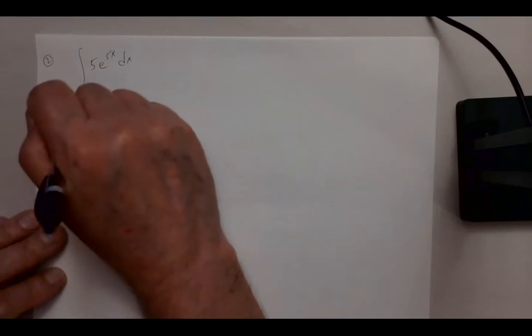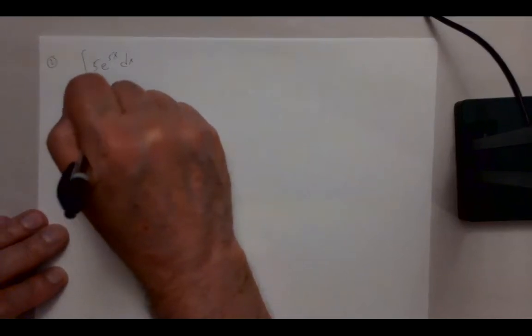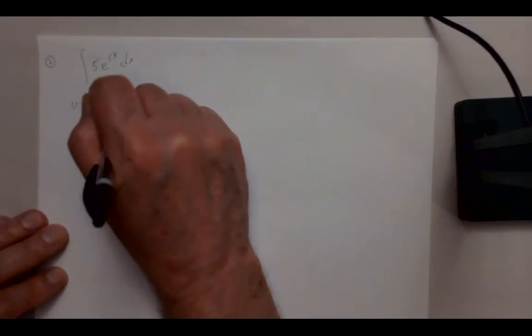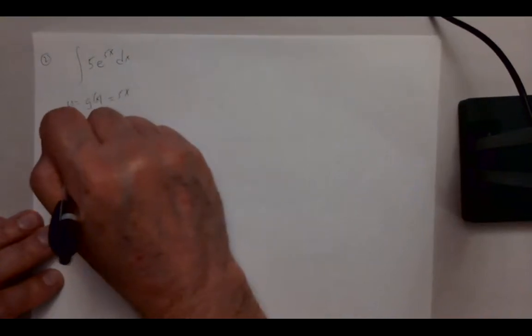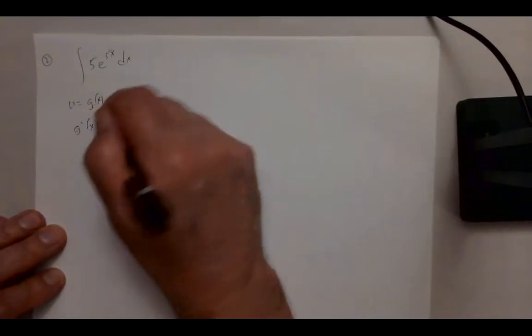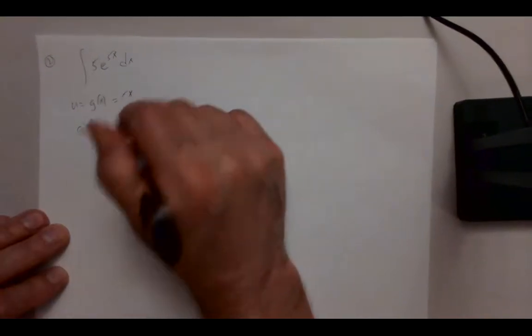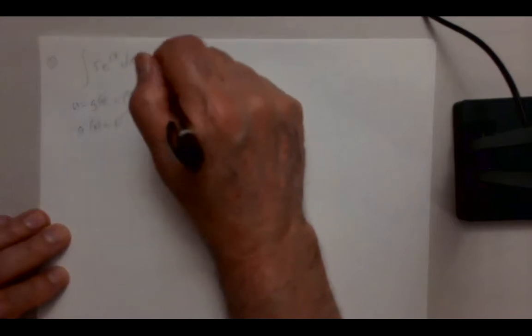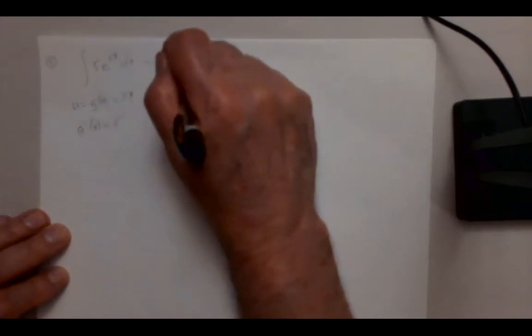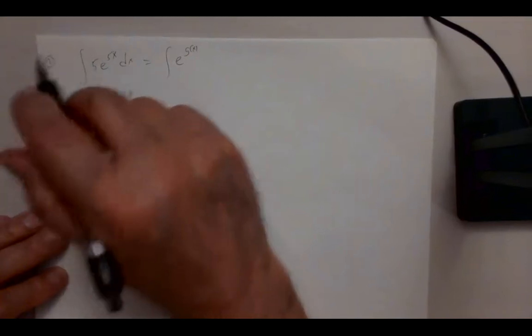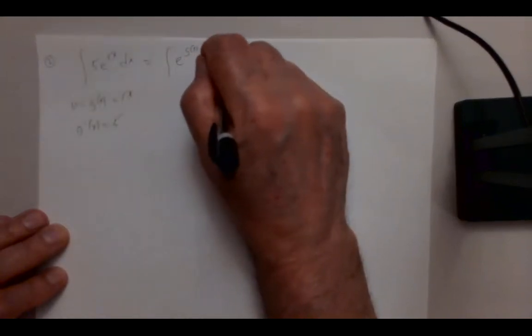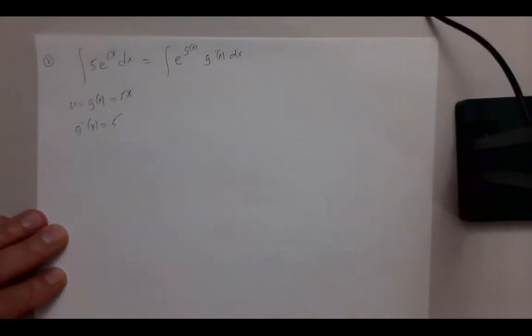If we let g of x be equal to 5x, g prime of x, or du dx, is 5. So this is the integral of e to the 5x, e to the g of x, times 5, g prime of x, dx.